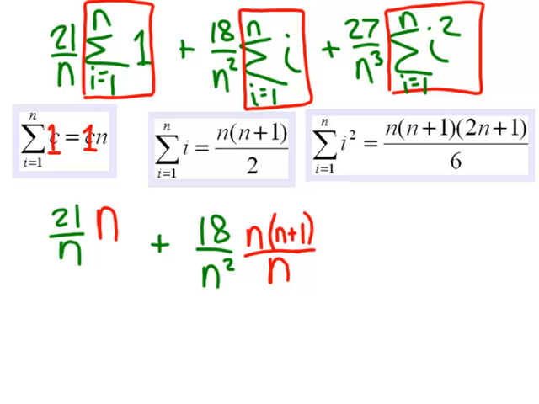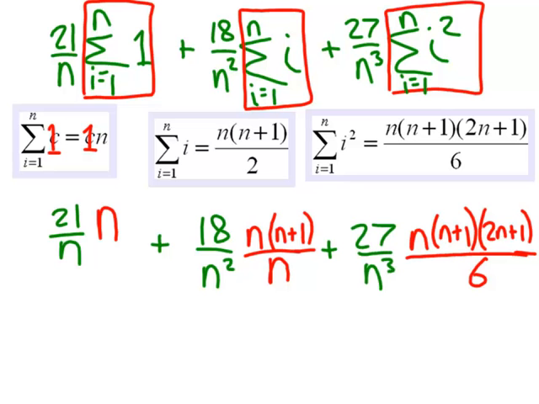We'll replace that with n times (n plus 1) times (2n plus 1) over 6, and we've presumably gone over in class why these formulas are what they are. And of course the 27 over n cubed in front. Okay, and I did just notice the mistake I made back here in the middle one. That's not an n on the bottom, that's a 2. But I'm not going to redo the whole video just for that.